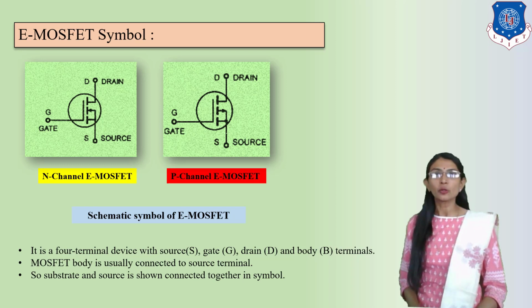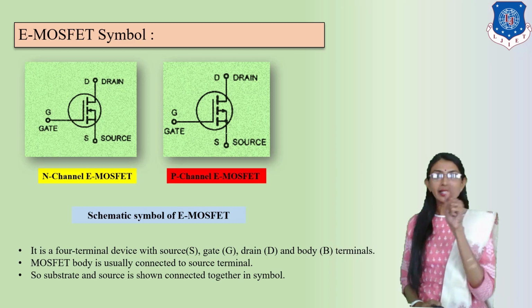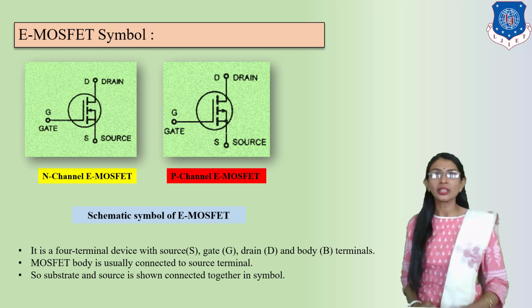Look at this. The source and substrate terminal are connected together, and always an arrow must be drawn on the source terminal. If the arrow is shown inside the circle, as shown in this first symbol, then it is known as N-channel E-MOSFET.